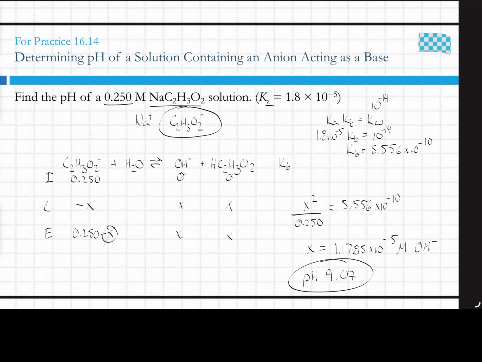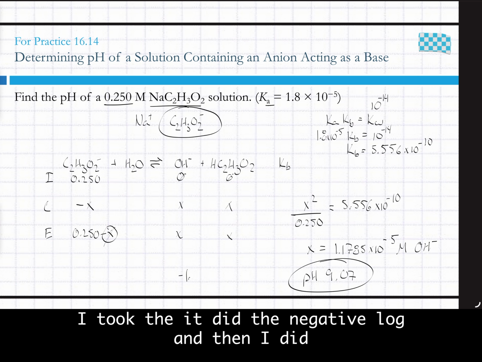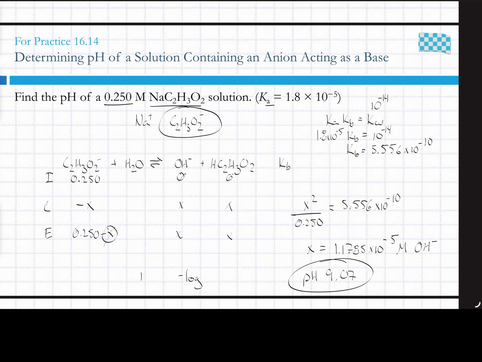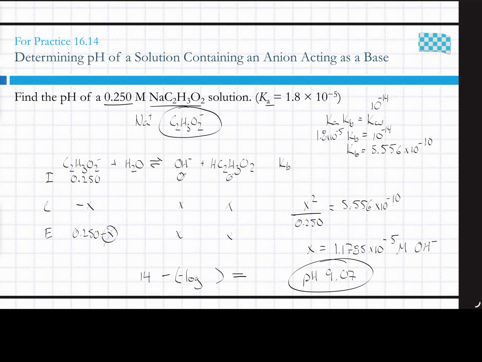Logs are weird. I didn't write it on there either. I did the negative log, and then I did 14 minus the negative log, and that gave me pH.